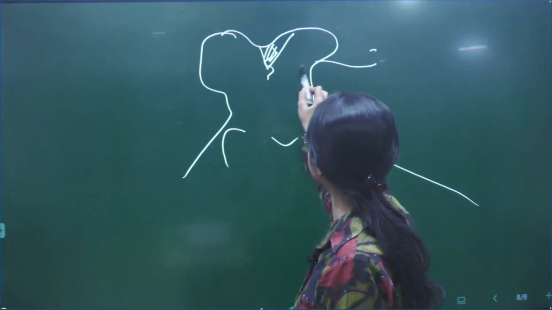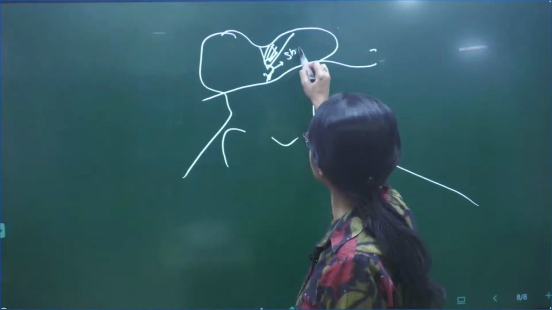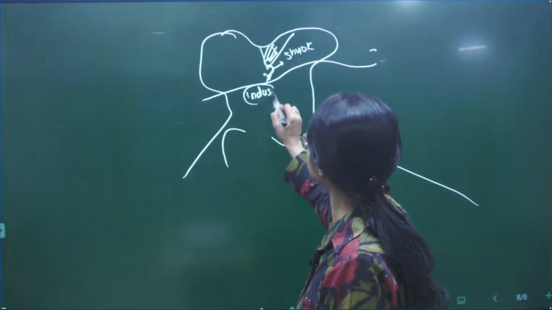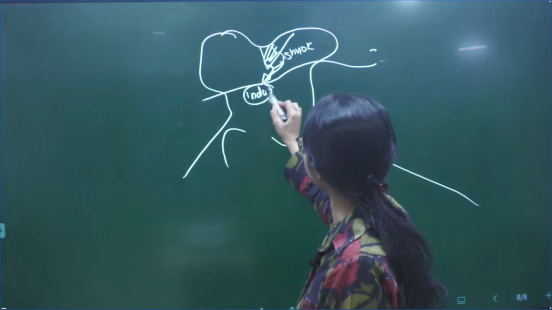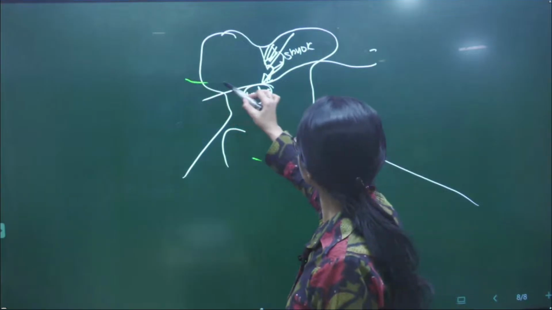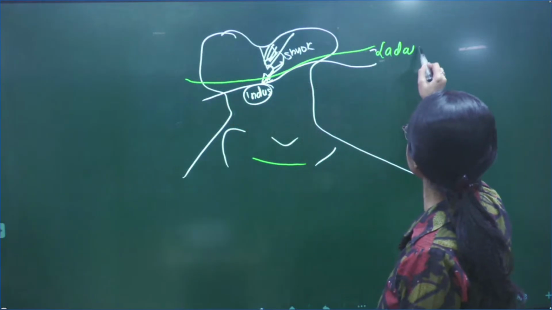From here your Indus is coming. So basically this Shyok is a tributary of your river Indus. Now when it joins here, which is acting as a water divide? Your Ladakh.